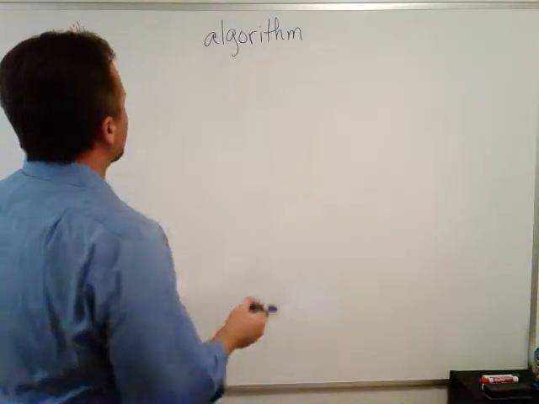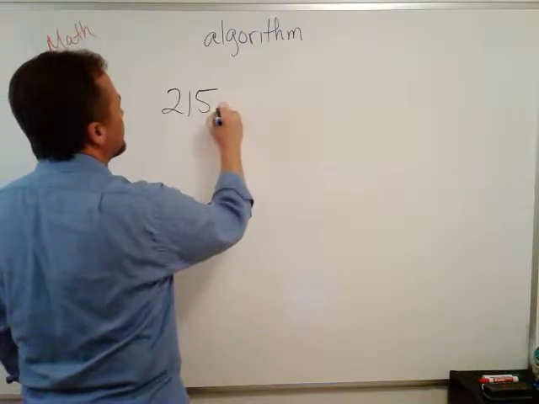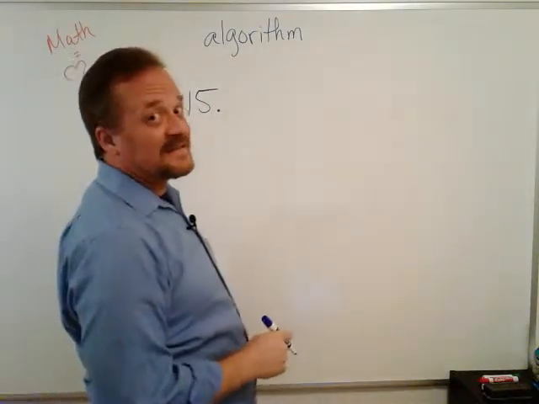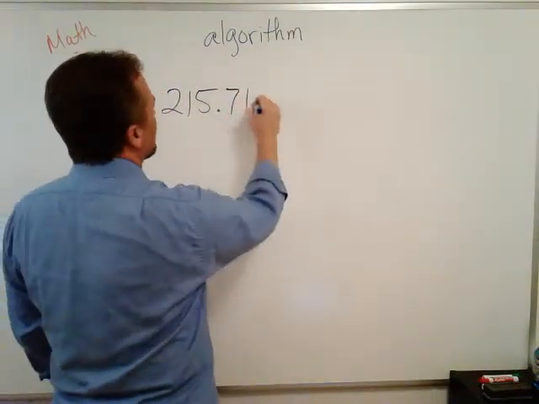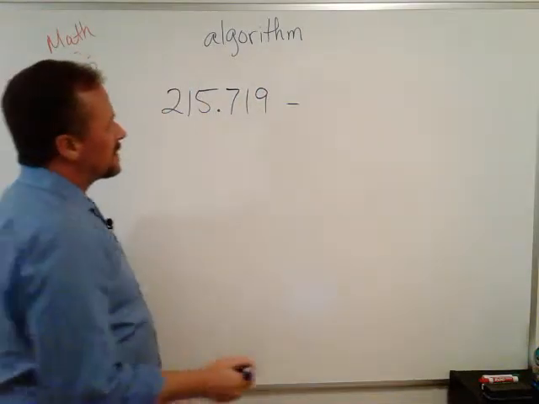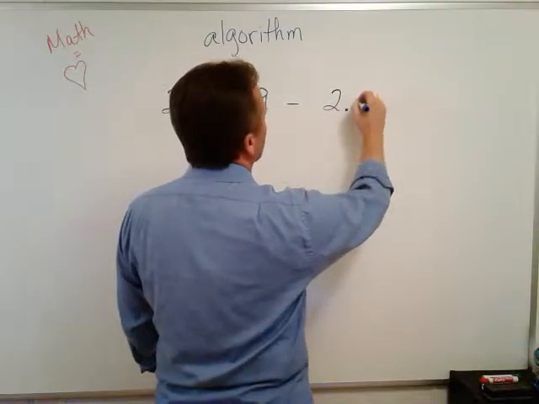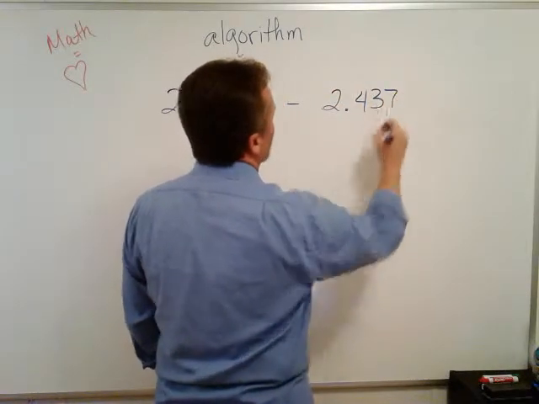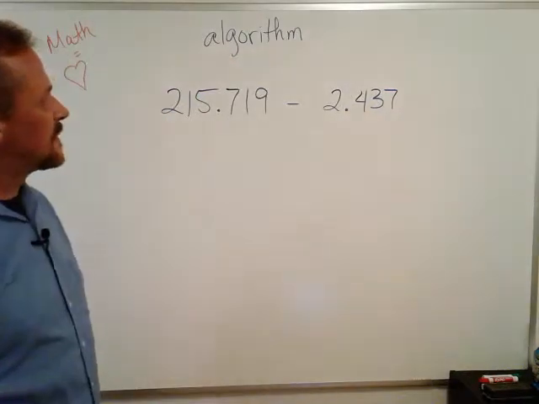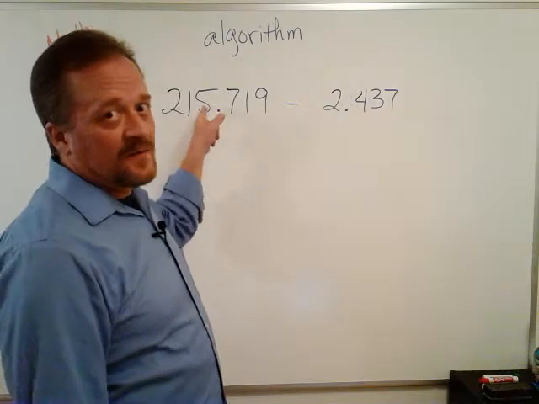Let's try kind of a big number. Let's go with 215.719, and let's subtract 2.437 from that. I have all kinds of place values happening in this number right here.